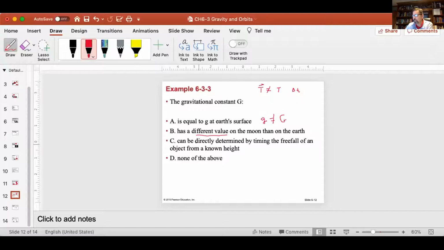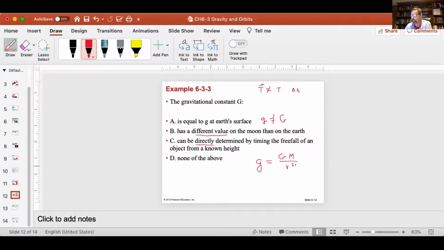Could you determine it? The word that makes C false is the word directly, right? Because if you measured the free fall acceleration by dropping an object, you could get G, but you would need to know the mass of whatever it was, wherever you were standing, Earth, moon, wherever it is, and you would need to know the radius of that thing.